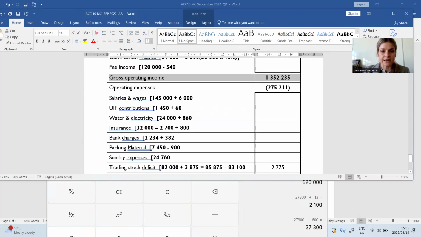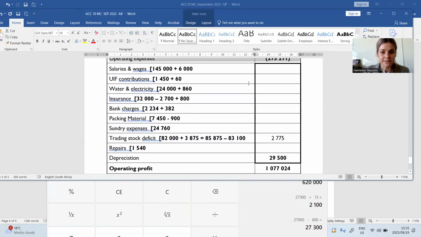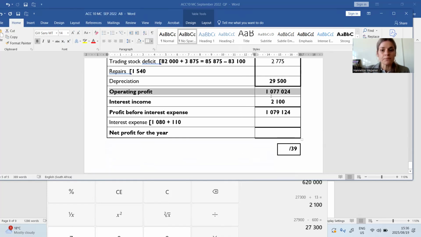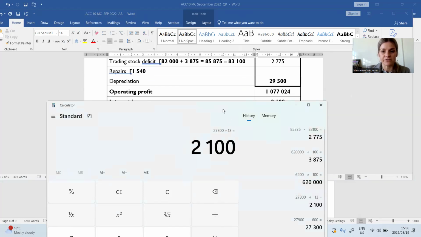Gross operating income minus operating expenses is equal to operating profit. Operating profit plus interest income is equal to profit before interest expense. Minus your interest expense, so 1,190, to get to your net profit for the year.